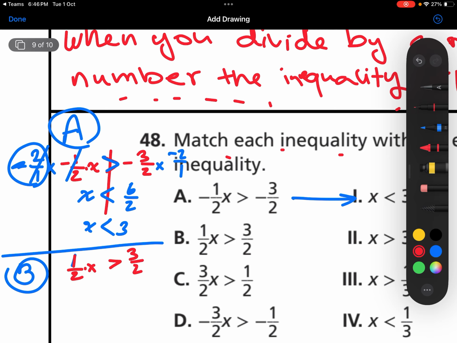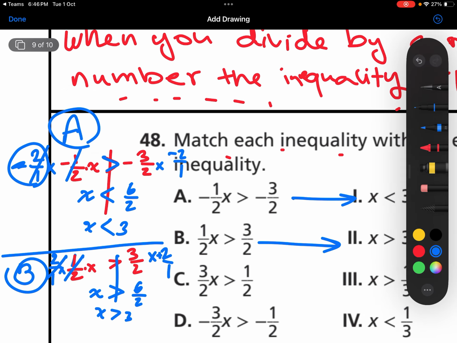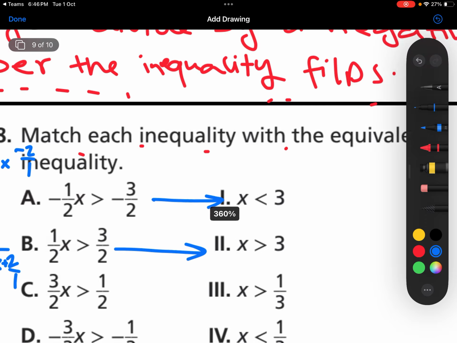Again, if you have a fraction, just cancel it by multiplying with the reciprocal, times 2 over 1. I cancelled it by multiplying with a positive number, so my inequality will not flip. X is more than what? 6 over 2, which is x is more than 3. So this one should be this. Easy. It's getting easy. Let's do the next one.